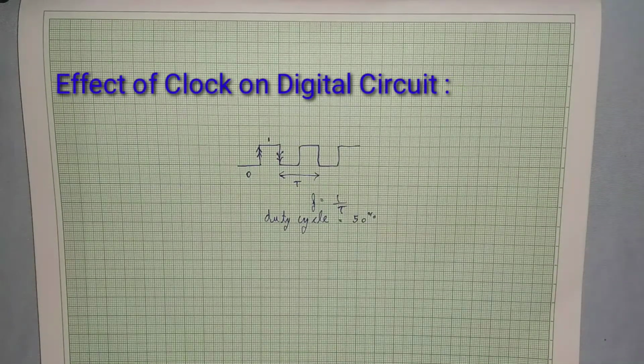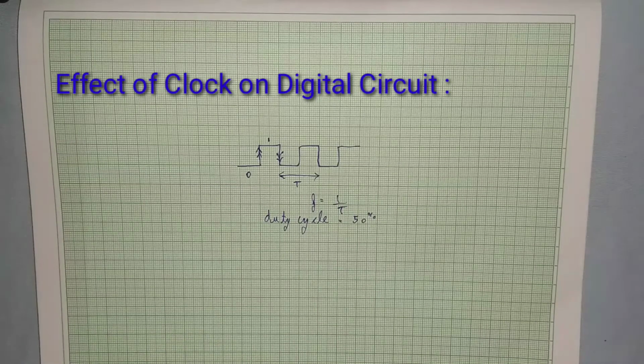So now that we know what a clock signal is and what comprises the duty cycle, let's see how the frequency of the clock signal affects the digital circuit. Since the clock signal tells the digital circuit at what time a certain task has to be performed, the frequency of the clock signal determines the speed of the circuit.